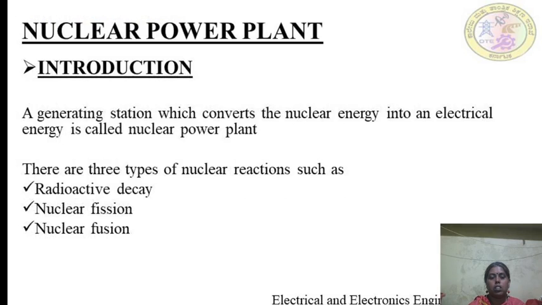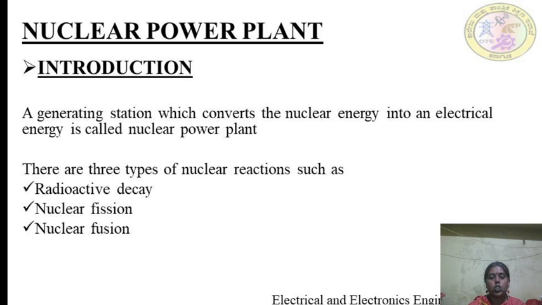First is the introduction. In the topic nuclear power plant, nuclear energy is used for generating electricity.